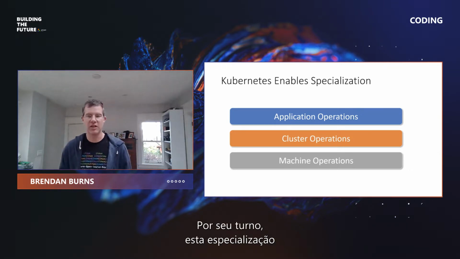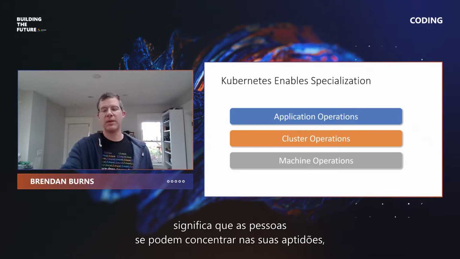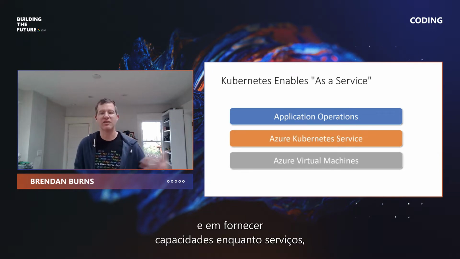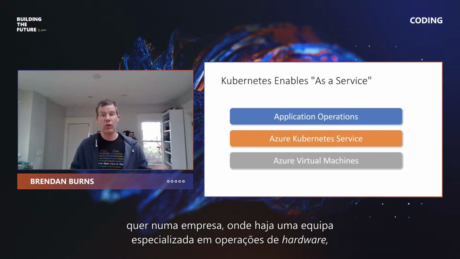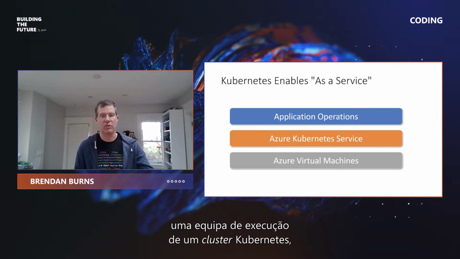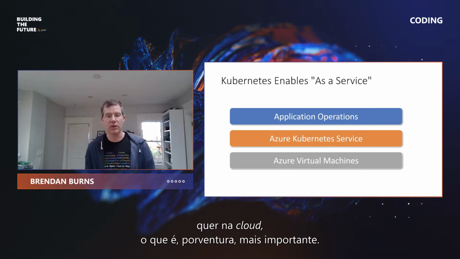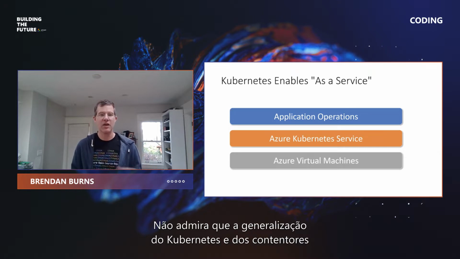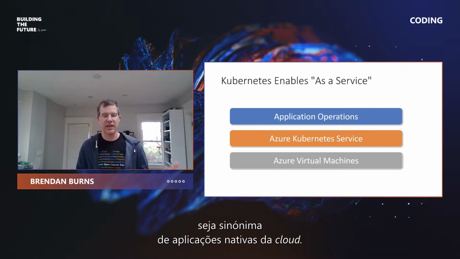This specialization means that people can focus on the specific pieces they're good at and focus on delivering capabilities as a service, either within a company, where you may have a team specialized on hardware operations and a team specialized on running a Kubernetes cluster, or perhaps more importantly, with the cloud. It's no surprise that the rise of Kubernetes and containers is synonymous with cloud native.